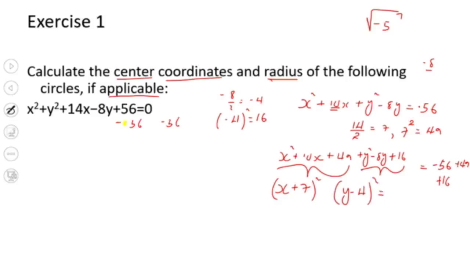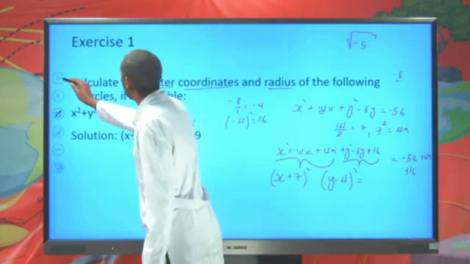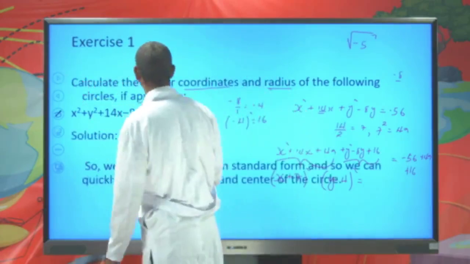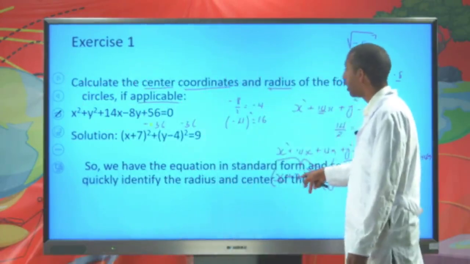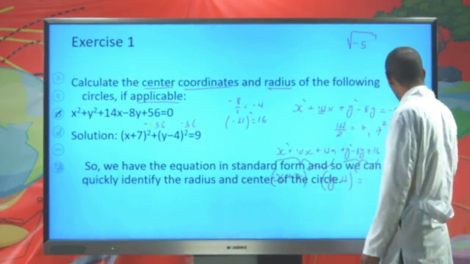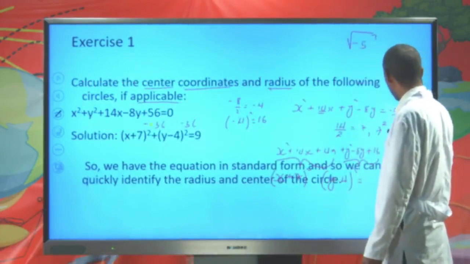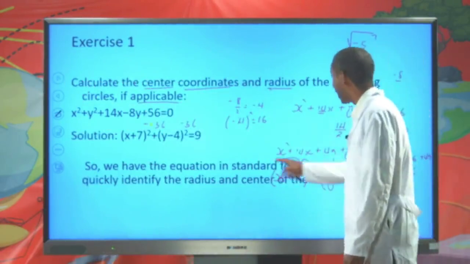Then that will give us the value of the radius. So let's see the solution together. We already got (x + 7)² and (y - 4)². If you simplify -56 + 49 + 16, it gives you 9.